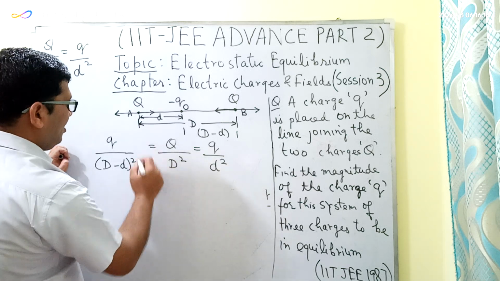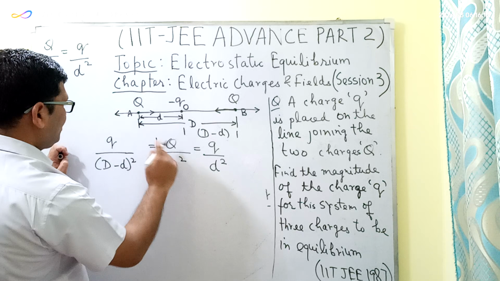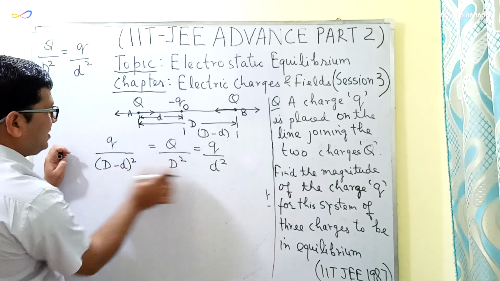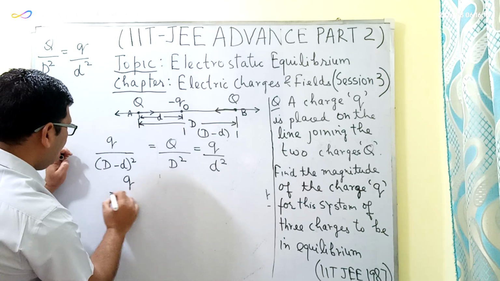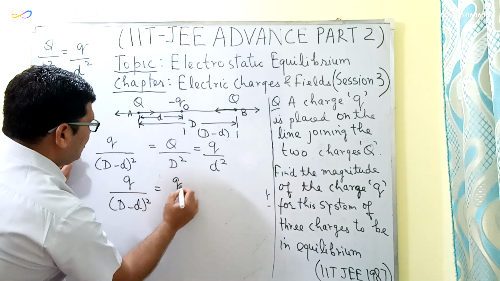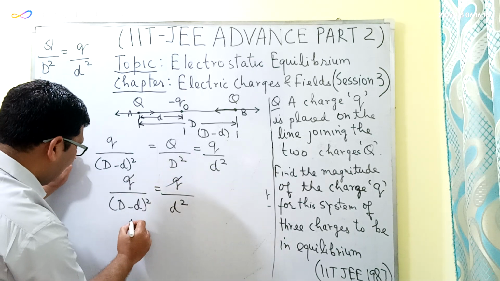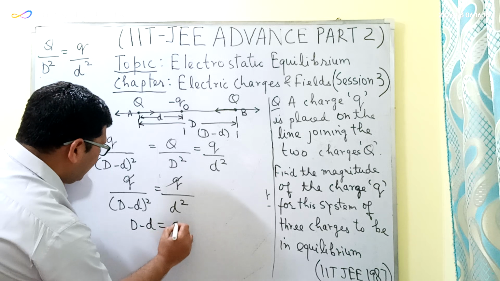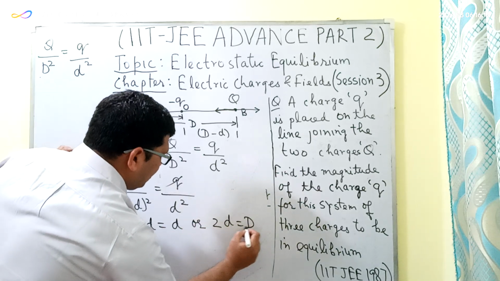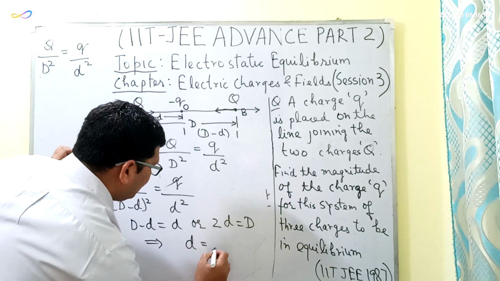So from this relation, that is from this and this, I will be getting (D minus d) whole square is equal to D square. So finally what I am getting is D minus d will be equal to d, or 2d is equal to capital D, which implies that d is equal to D by 2.